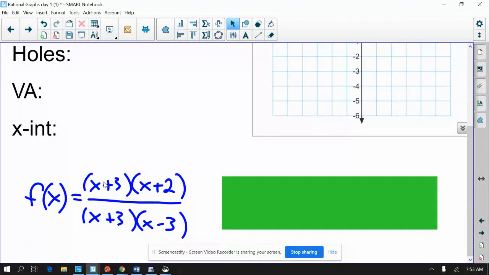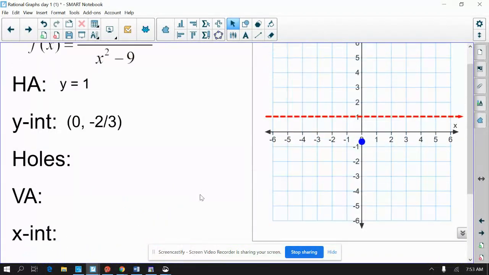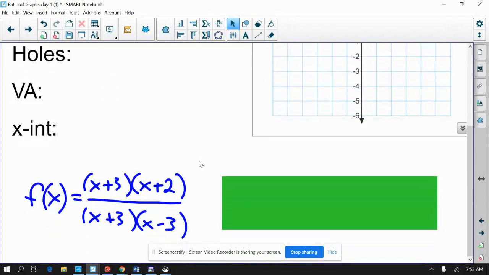So I factor. It factors into x plus 3 times x plus 2, divided by this difference of squares. Did I factor that correctly? Oh, yes, I did. Now, what does this tell me? First of all, it tells me there are 2 points of discontinuity, negative 3 and positive 3. The x plus 3 factors cancel out.